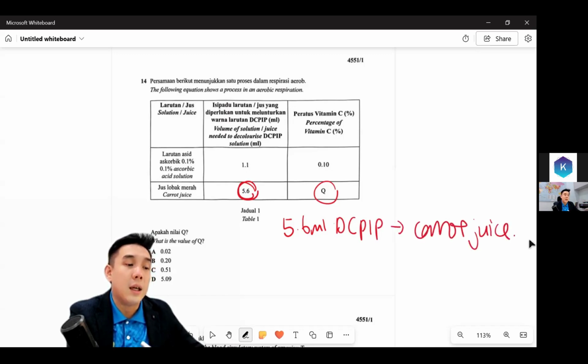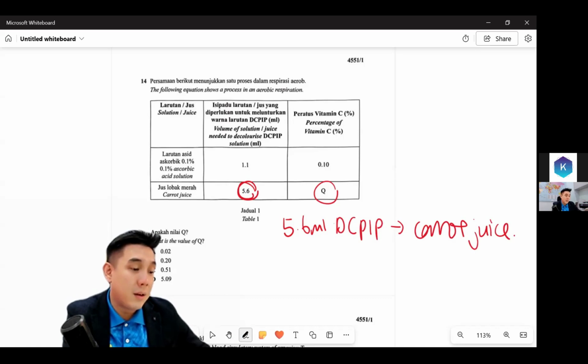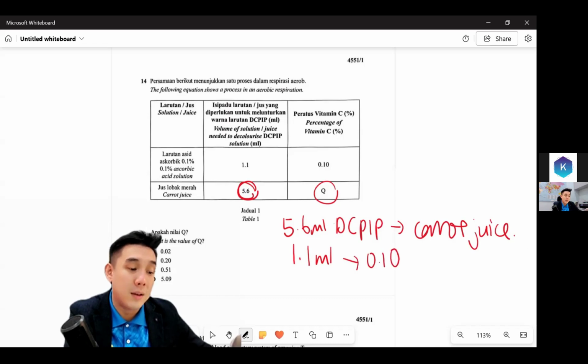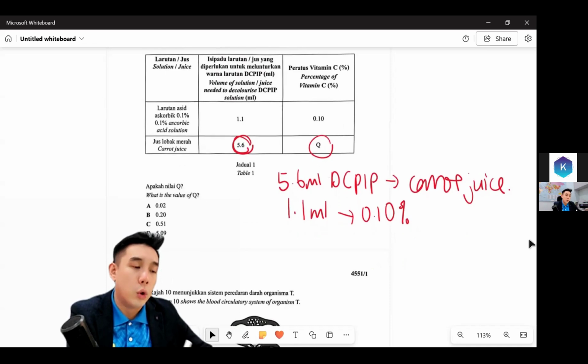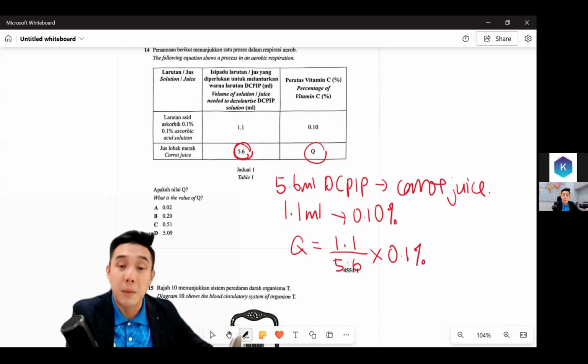And 1.1 ml of DCPIP is needed for 0.10% vitamin C. So in order to know, guys, the answer is 1.1 over 5.6 multiplied by 0.1%.